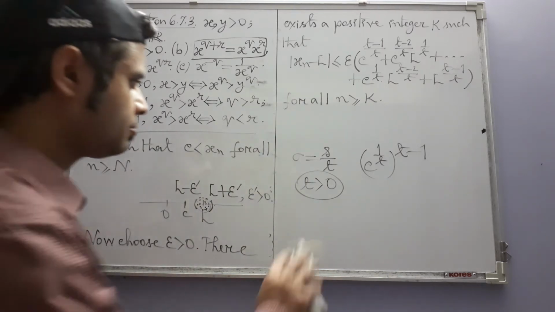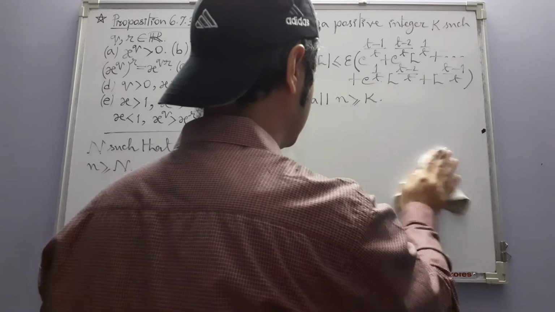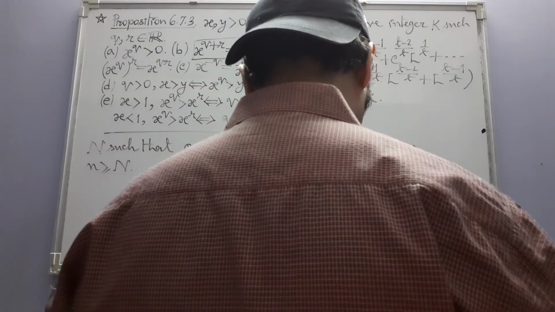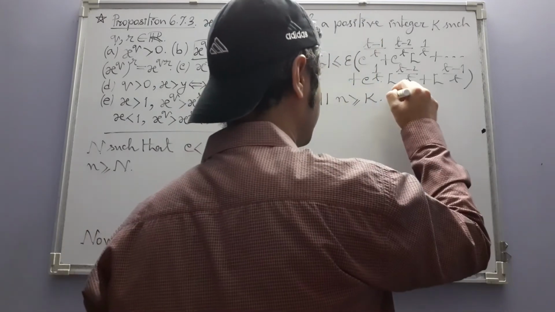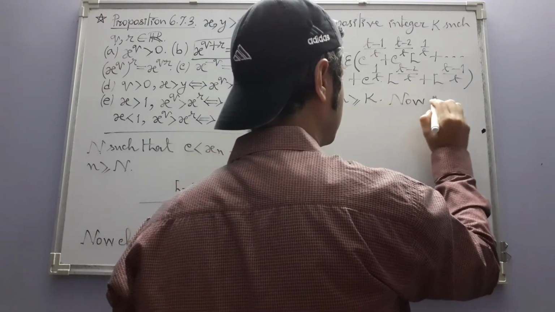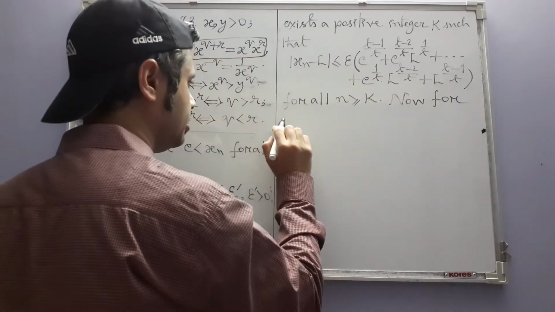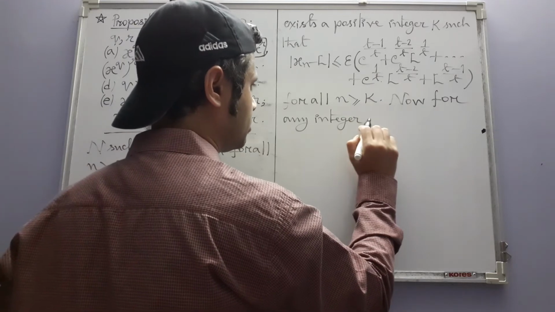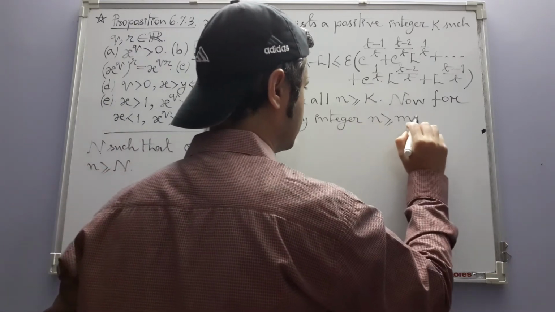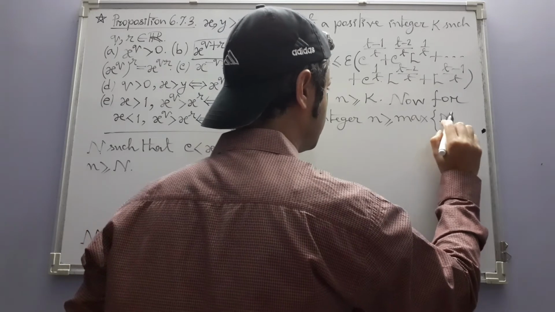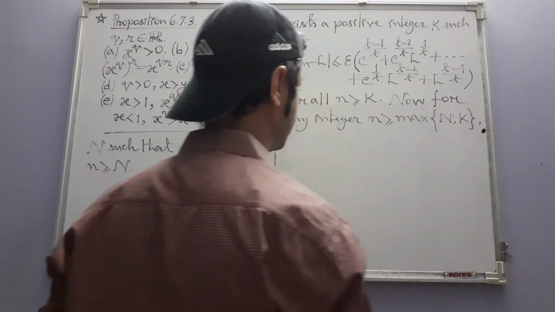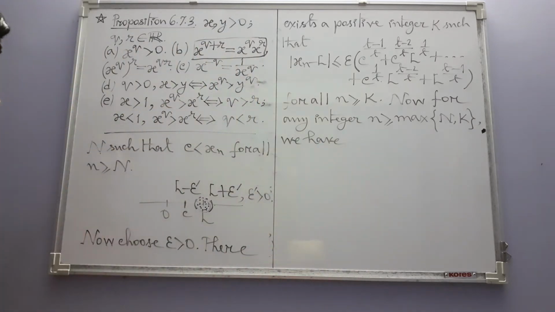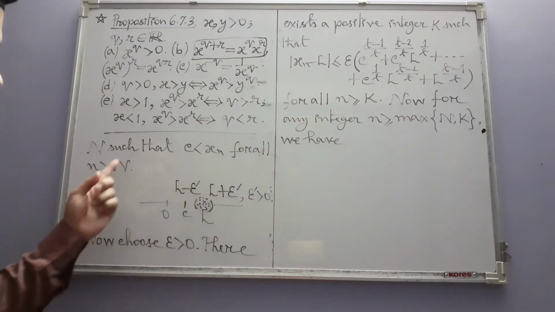Okay. Now what? Now, for any integer n greater than or equal to the maximum of N and k, we have this.